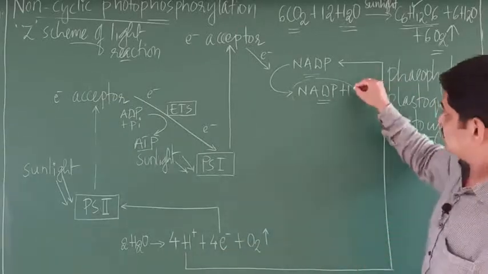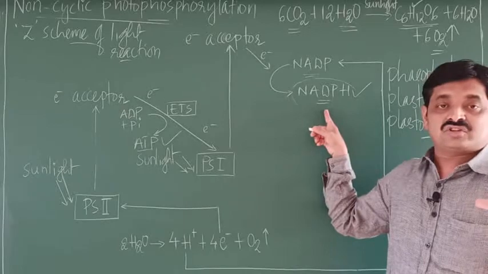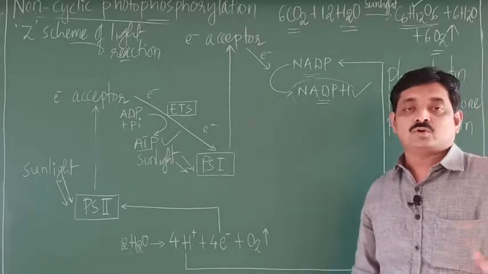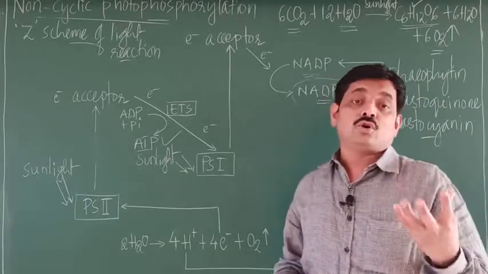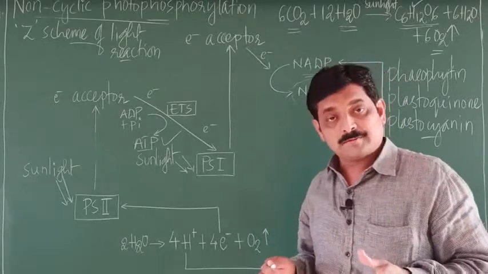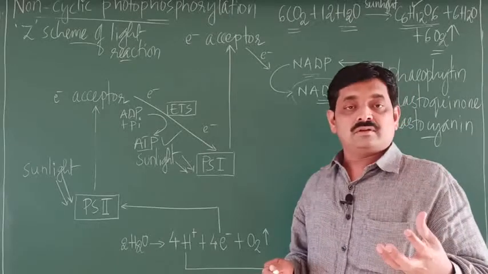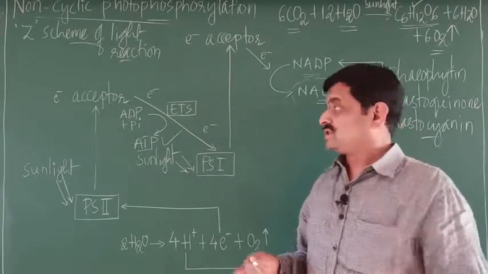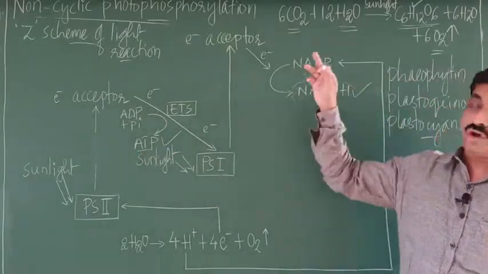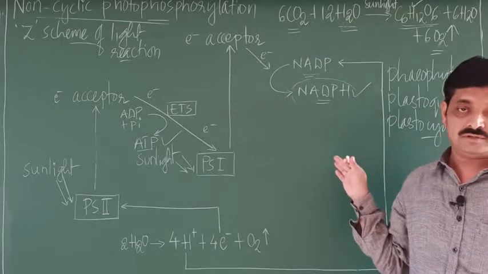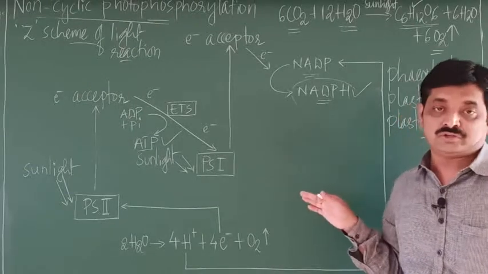This ATP and NADPH are the energy-rich compounds, and this energy is used in the synthesis of glucose, starch or food during photosynthesis. That synthesis of carbohydrates requires energy, which comes from ATP and NADPH produced during non-cyclic photophosphorylation. So that is about non-cyclic photophosphorylation.